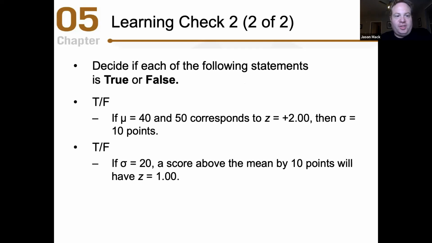Decide if each of the following statements is true or false. True or false, if the mean is 40 and 50 corresponds to z equals 2, then sigma is equal to 10 points. True or false, if sigma, or standard deviation, if I say sigma, think standard deviation, is equal to 20, a score above the mean by 10 points will have a z-score of 1.